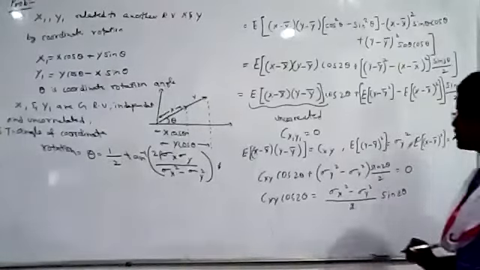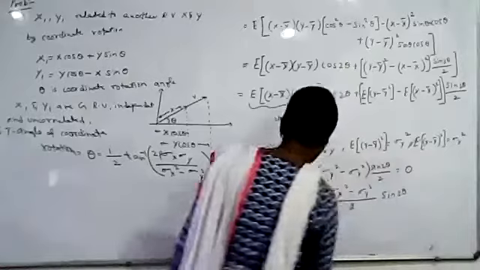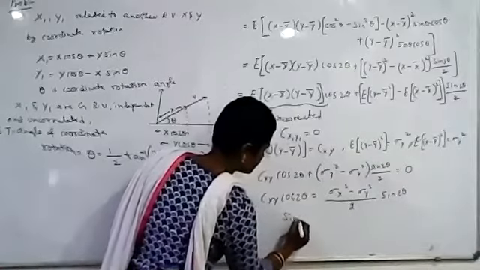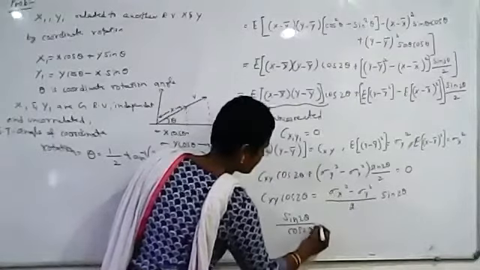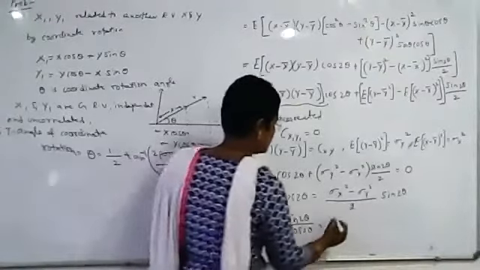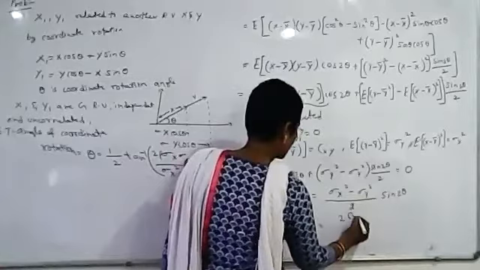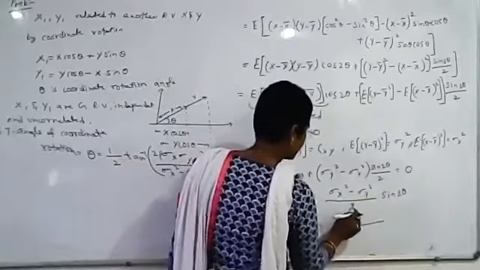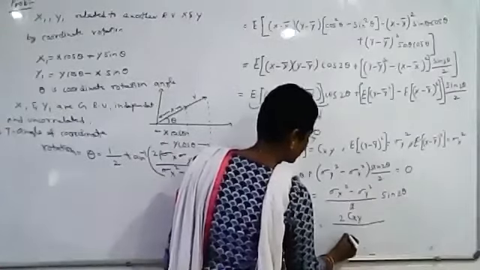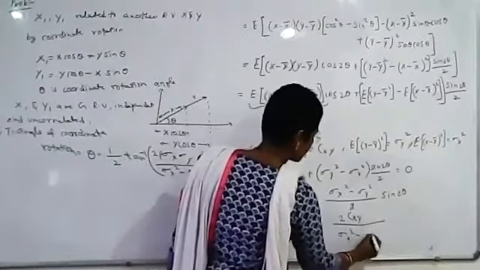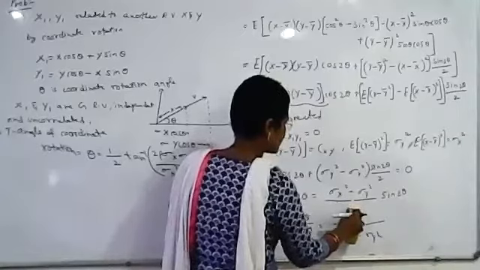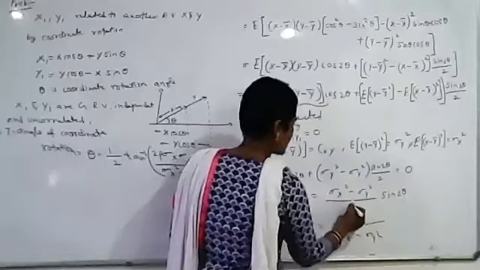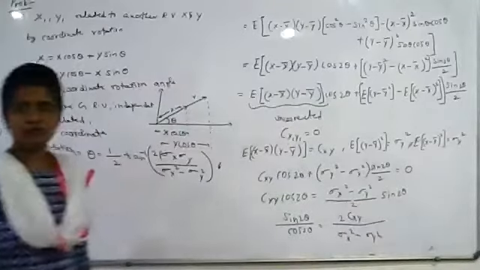So, sin 2 theta by cos 2 theta is equal to 2Cxy by sigma x square minus sigma y square.